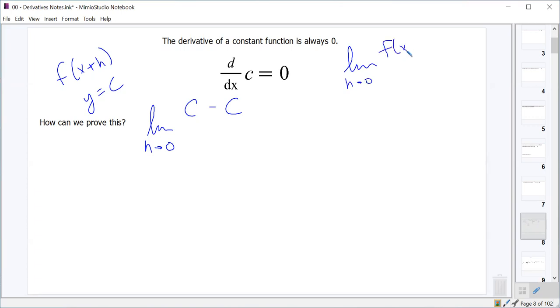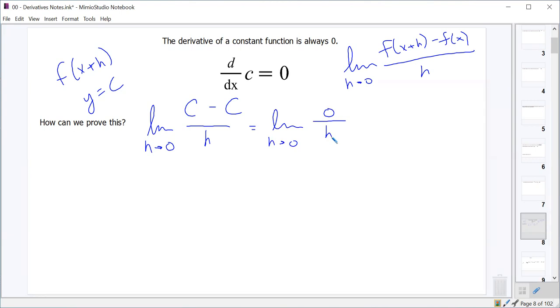The limit as h approaches 0 of f of x plus h minus f of x all over h. So we've got the limit as h approaches 0 of c minus c over h. And obviously we can simplify the numerator of that to give us a limit as h approaches 0 of 0 over h. And we can't just plug 0 into this, because then it becomes 0 over 0, it becomes indeterminate, right?